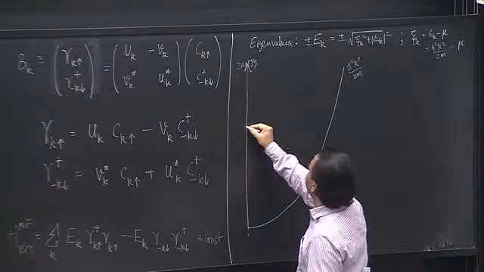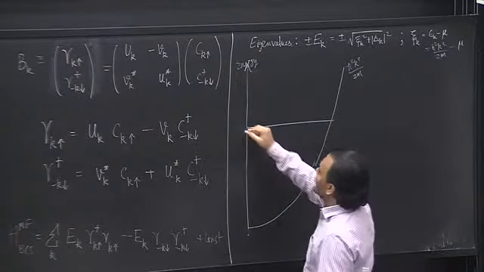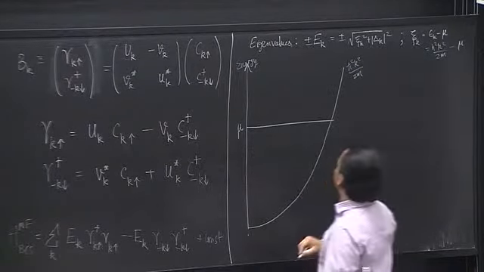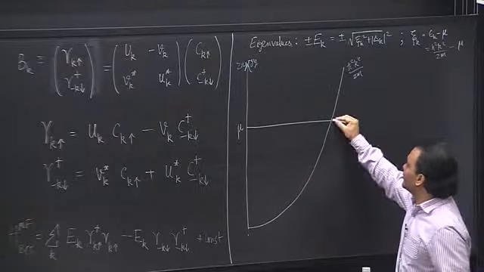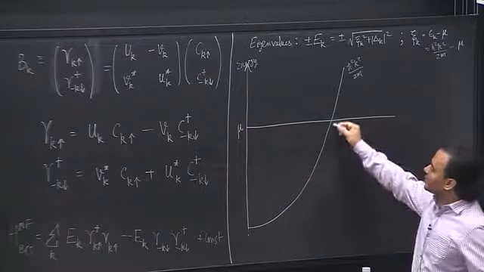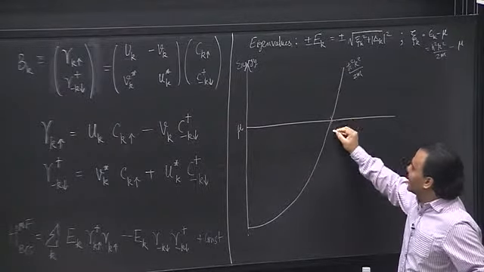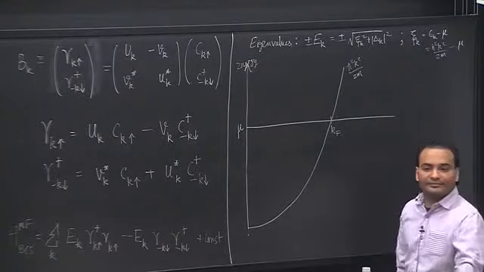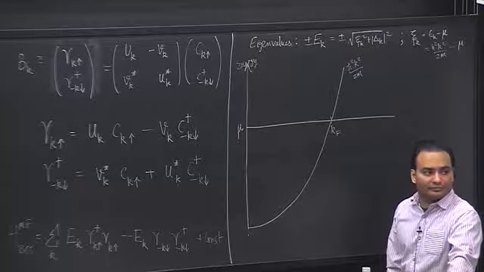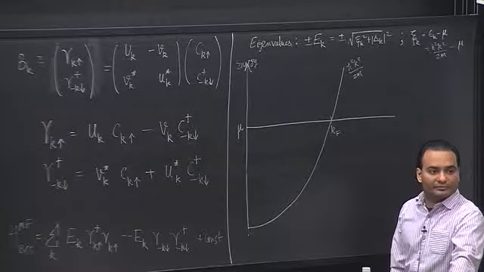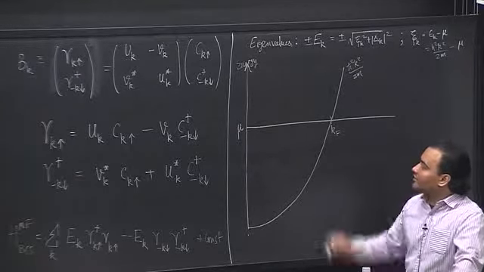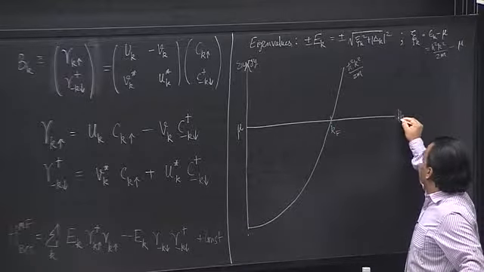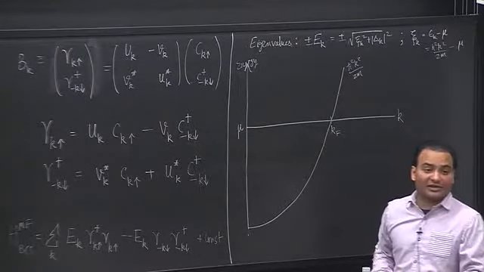So fill up all electrons till the Fermi energy. I'm just plotting this. This is the line that denotes mu. So this is really kf. So this is energy as a function of k.